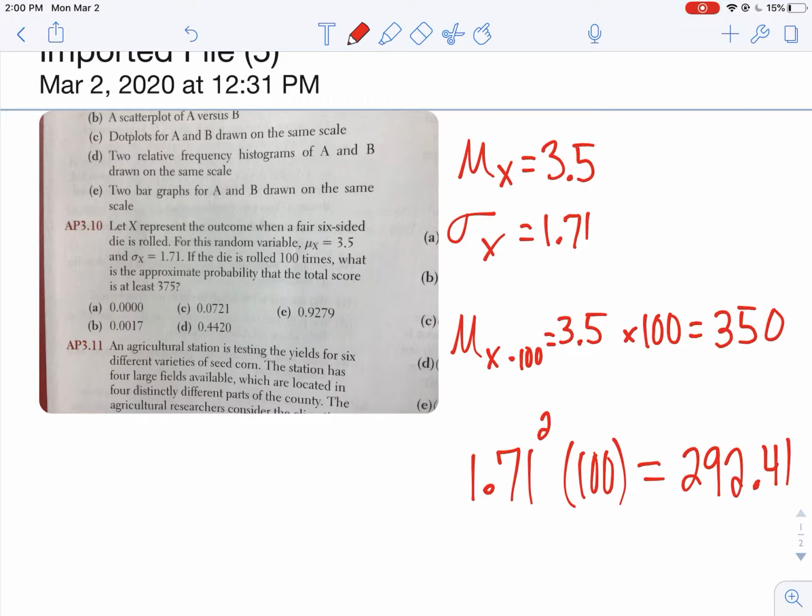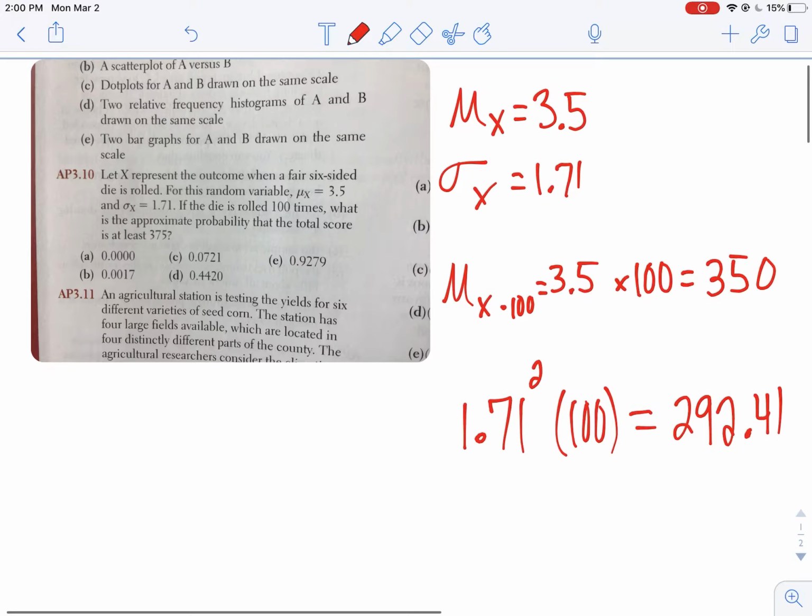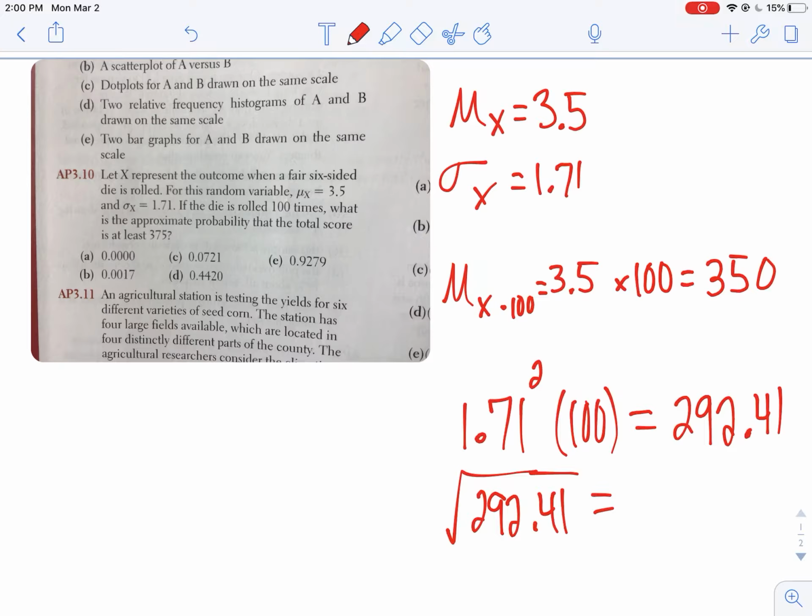Now, to go from my variance to my standard deviation, what I did was take the square root of 292.41. And you get, let's double check, 17.1. That's what I got.